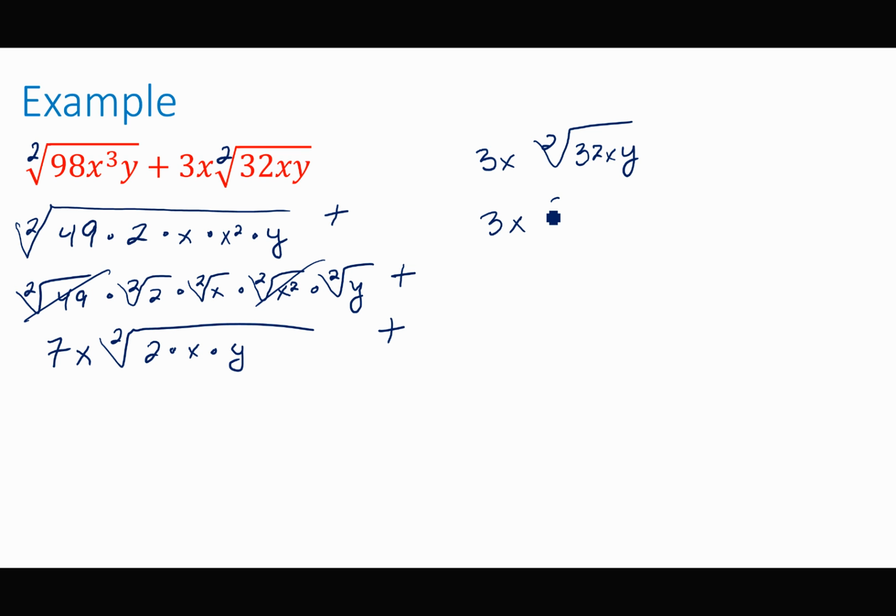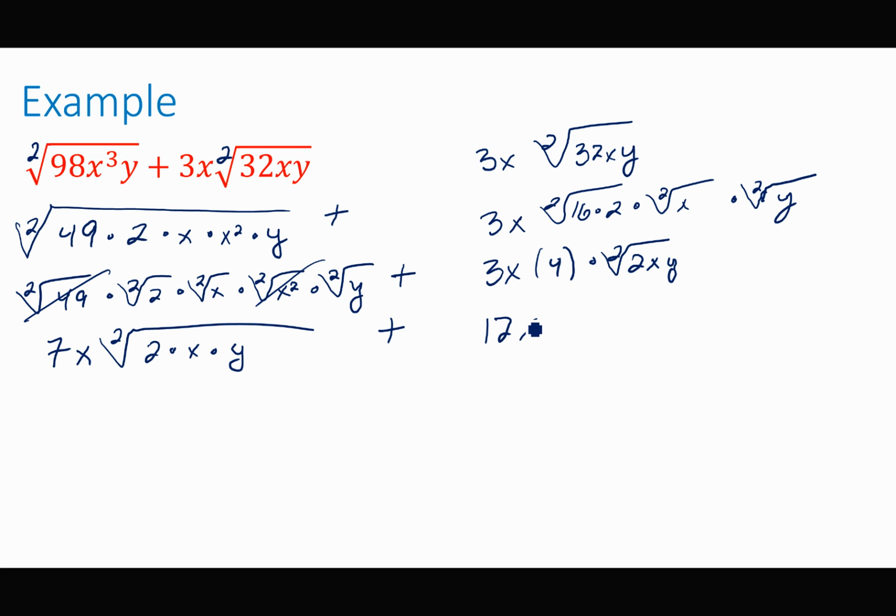Well, I could do that as square root of 16 times 2, and then I'm going to just break this up, x times y, square root of x, and I'll just do square root of y. So this becomes 3x. Square root of 16, I know is going to be 4, not 8. 4 times square root of 2 times x times y. So this becomes 12x times the square root of 2xy.